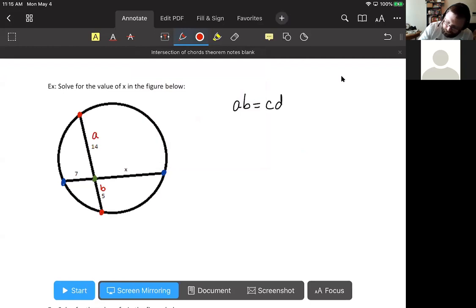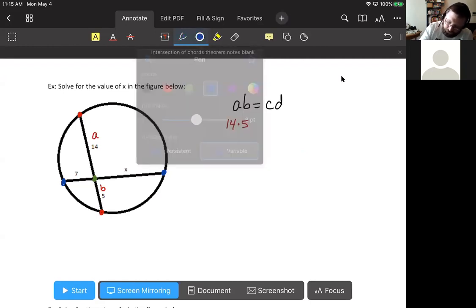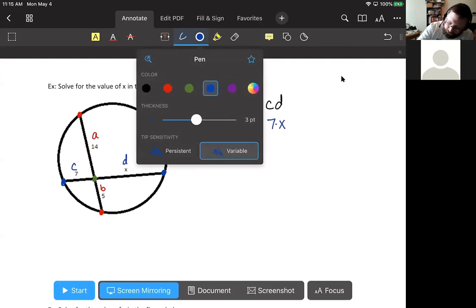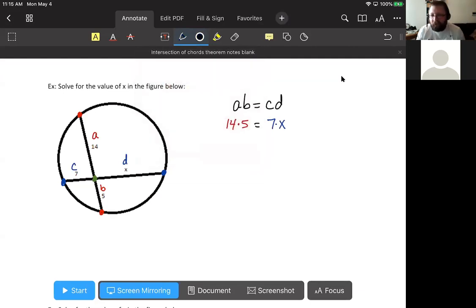So in this case, we'll do 14 times 5. And C times D are the pieces of the other chord. So 7 times X. 14 times 5 equals 7 times X. No, it does not matter. Either chord could be either one. It does not matter which chord is which.